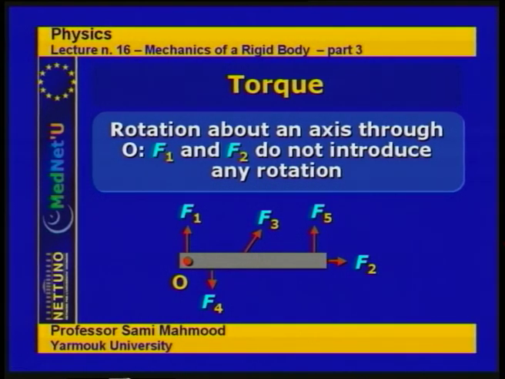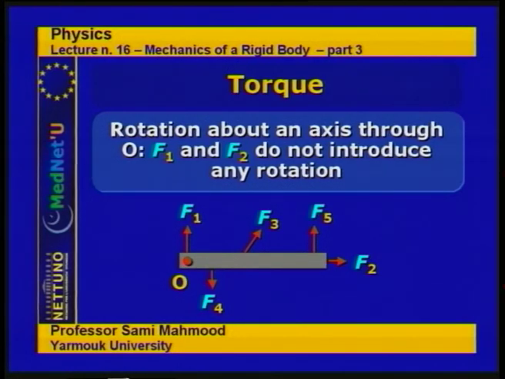And if we exert a force like F5, also the rod will rotate counterclockwise. Now, how does the rotation of the rod respond to the influence of these forces?